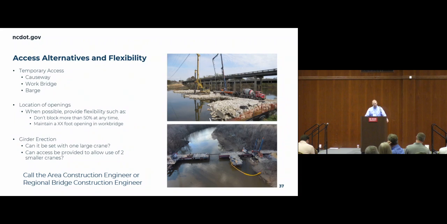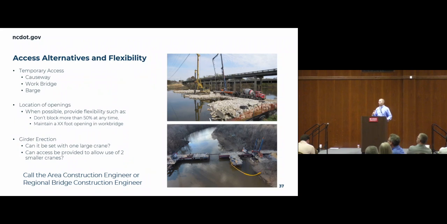So another thing to think about is the work bridge versus, say, a causeway. Some places in the state, we know we have to put a work bridge, or we know it's likely going to be a barge, right? But there's sometimes where a work bridge or a causeway might work.